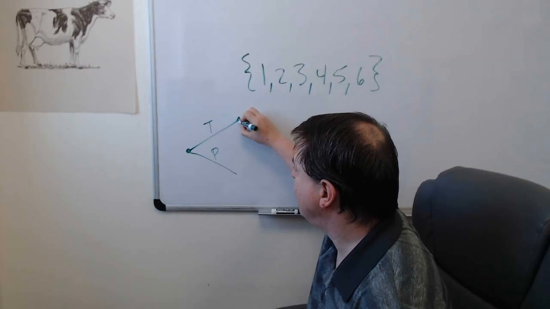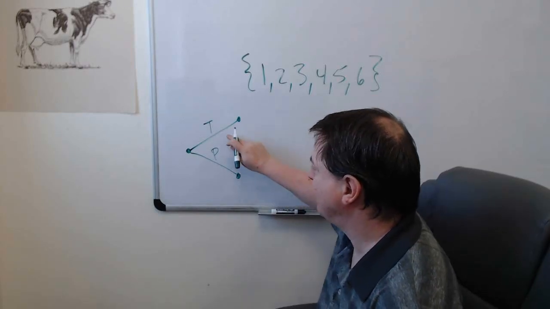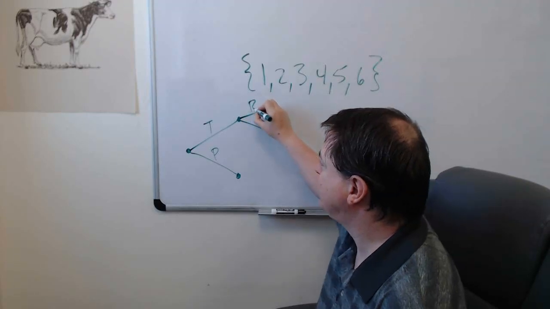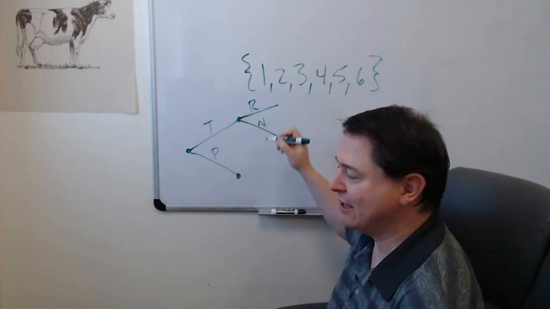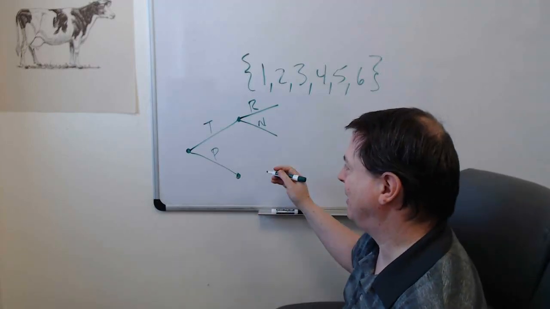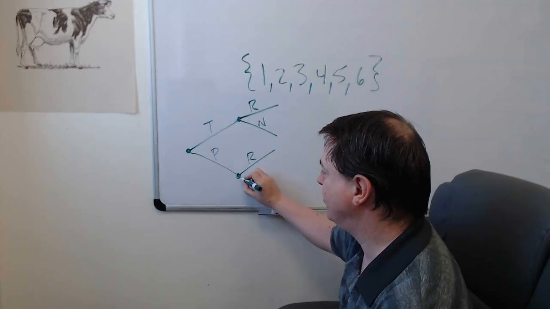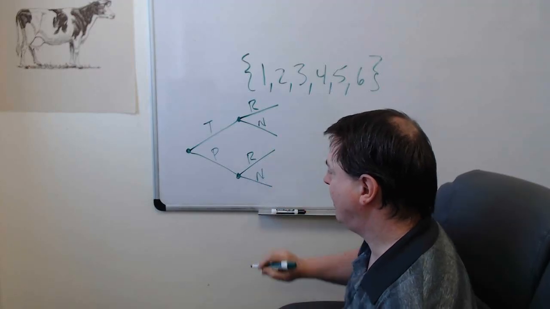Then in the next step, if they got the treatment, from there they could have gone into remission, or not in remission. And the same thing if they got the placebo, they could go into remission or not.